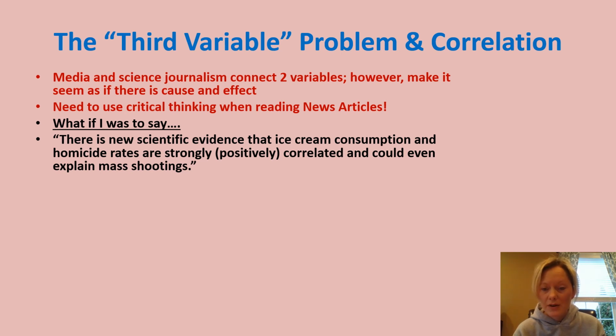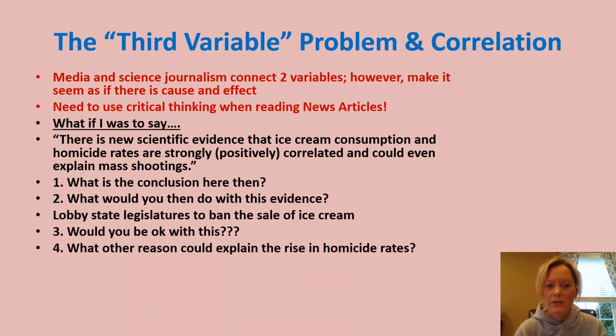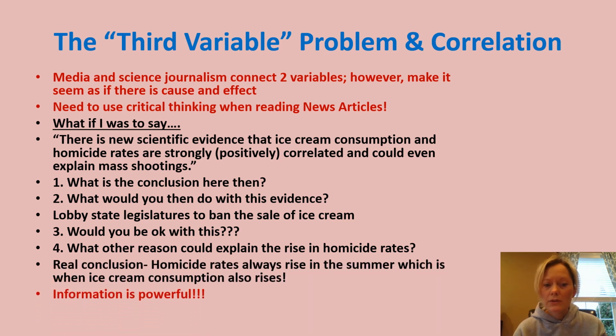However, there could be some other variable, okay? If we had that conclusion, then people start taking those correlations and really going with that evidence. People might go to state lobbyists and try to ban the sale of ice cream, and we wouldn't think that's okay. There is a real conclusion on that. Homicide rates do rise in the summer when ice cream consumption also rises, okay?